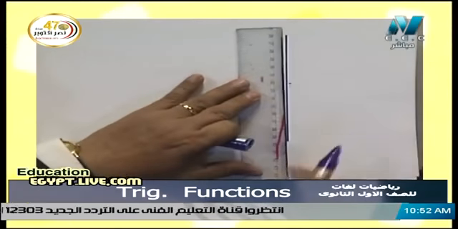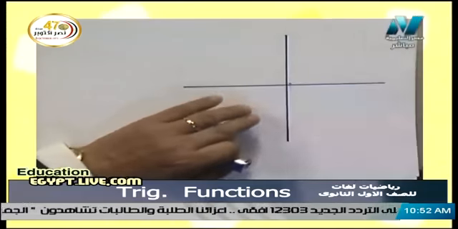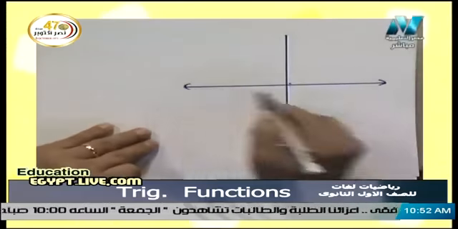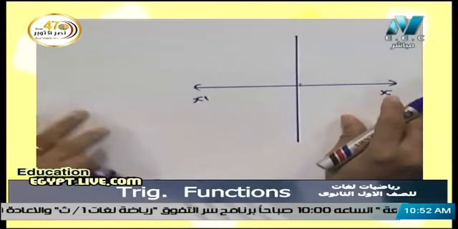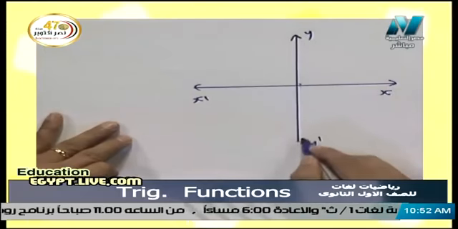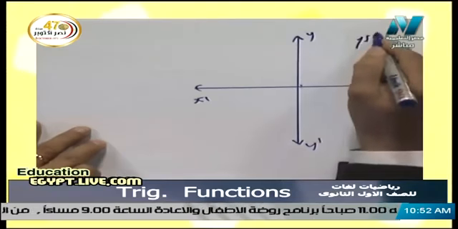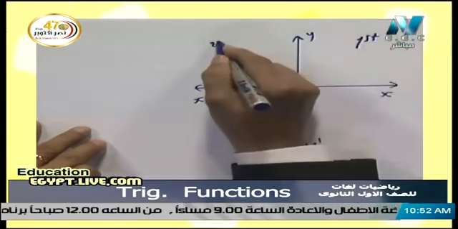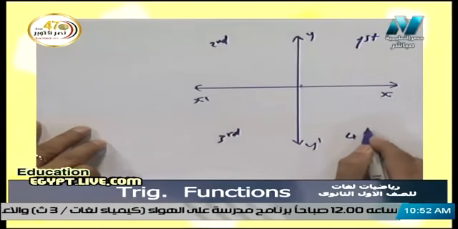We have here the y-axis and x-axis, x and x dash, and y and y dash here. And as we said, this is the first quadrant, second quadrant, third quadrant, fourth quadrant.